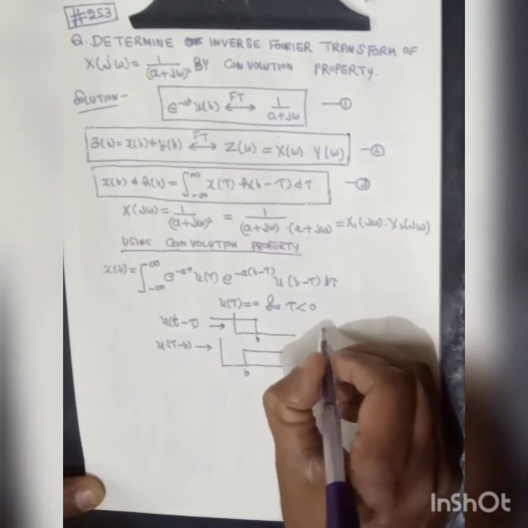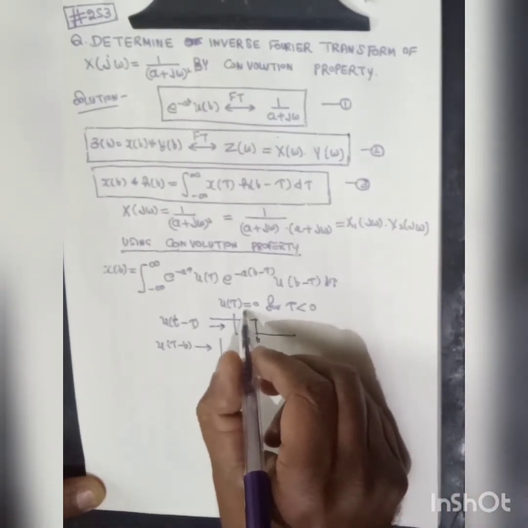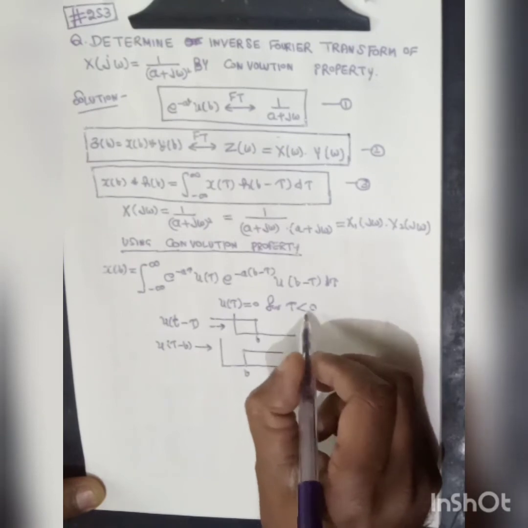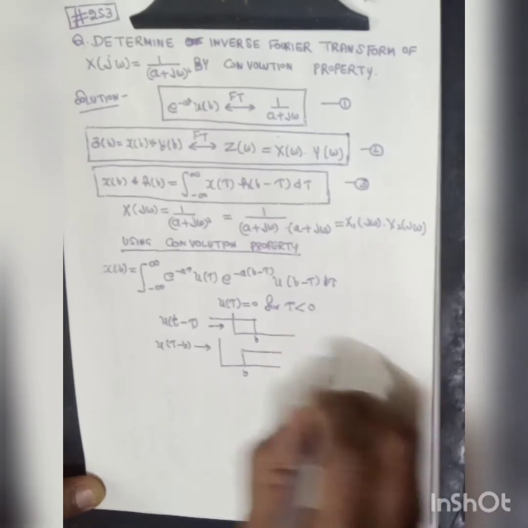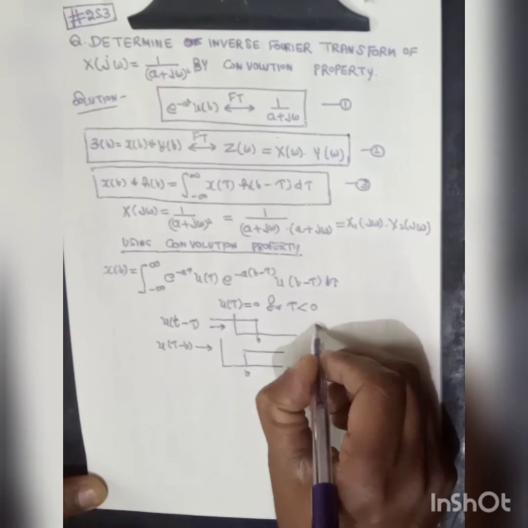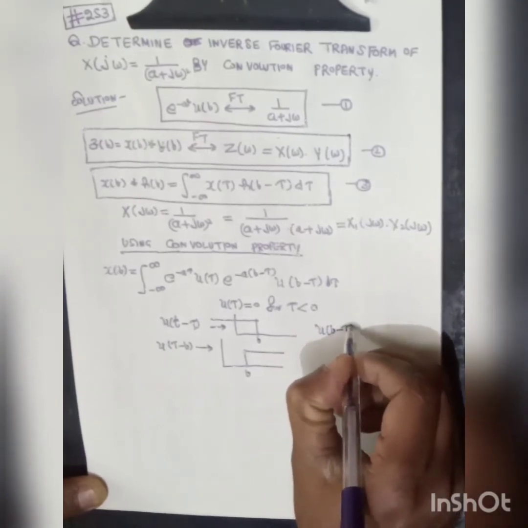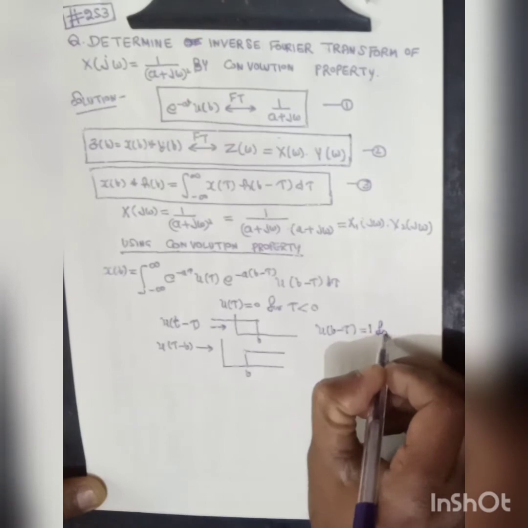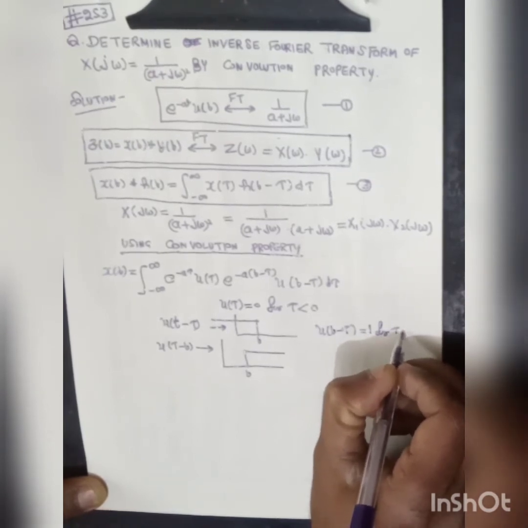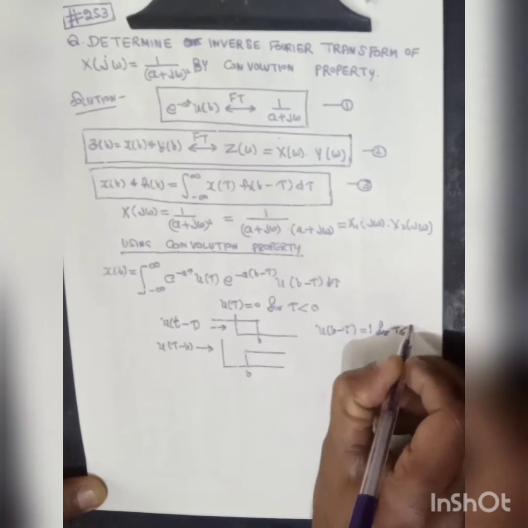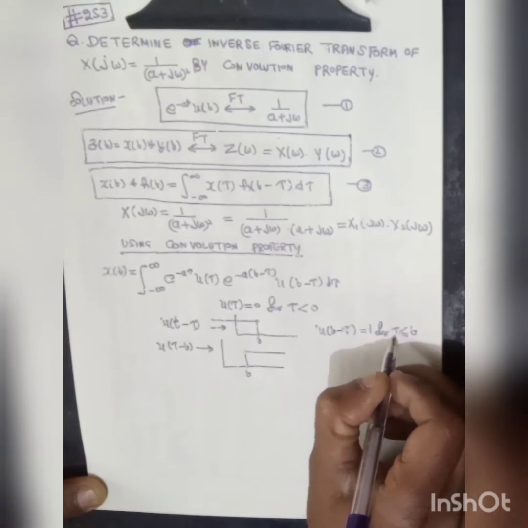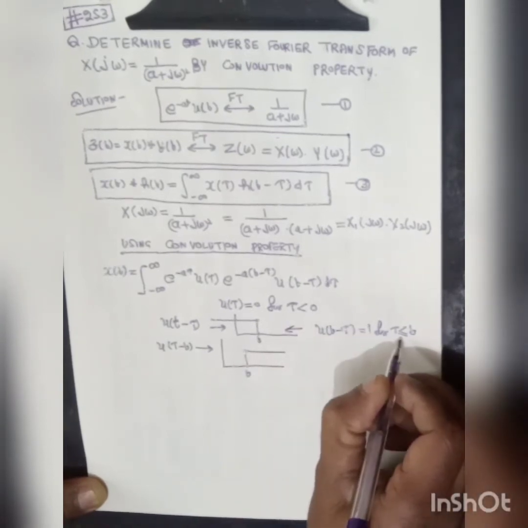Because the u(tau) signal is 0 when tau is less than 0, and u(t minus tau) will be 1 for tau less than or equal to t.